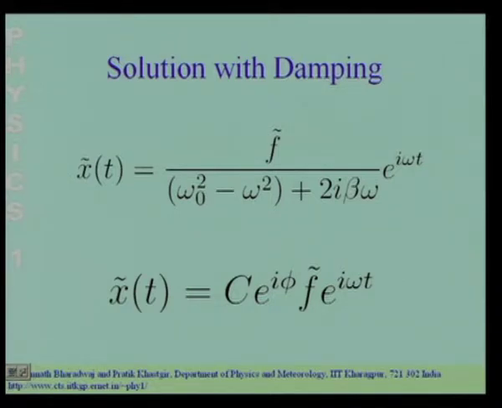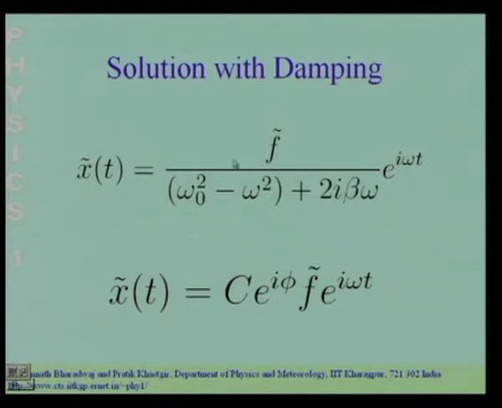Here f tilde is the complex amplitude of the external force divided by the mass of the particle, and it also has the phase of the external force inside it. So, the external force is oscillating at a frequency omega, and the displacement x(t) is related to the external force through these coefficients which occur over here.